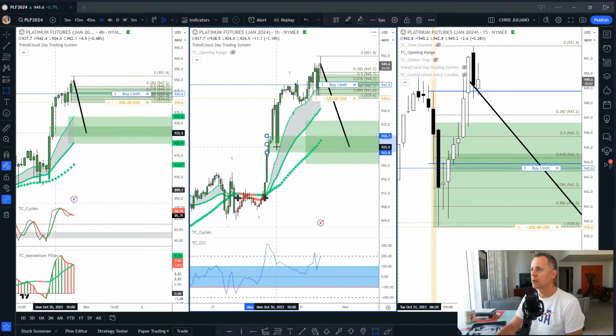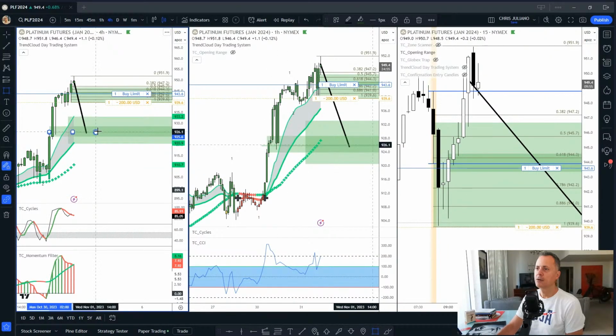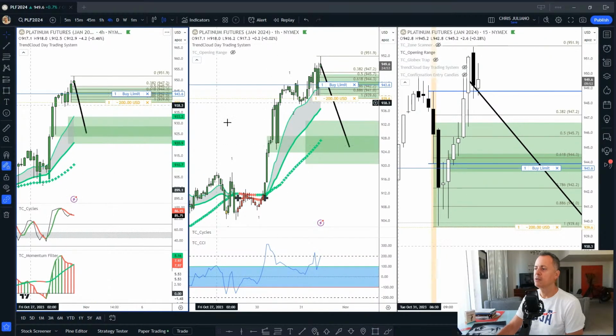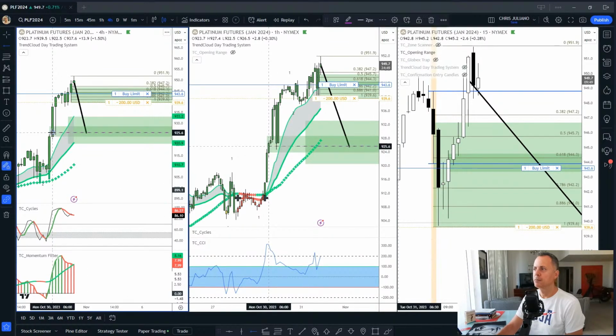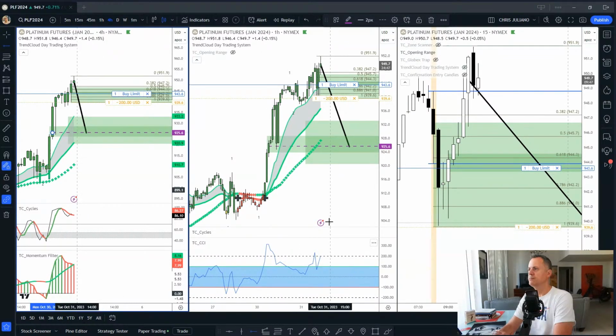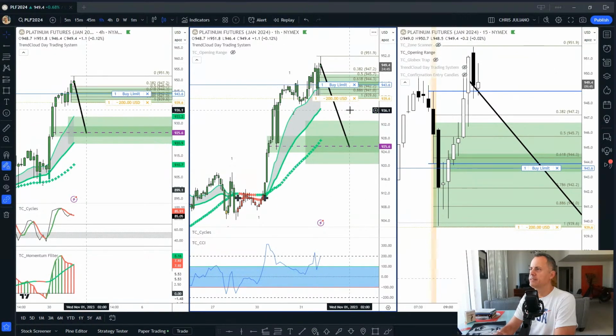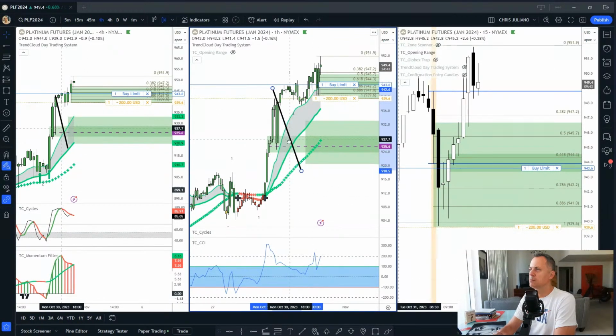Rally base rally. Pulled right back into that, right in the middle of the trend cloud. It did it right here. Right there. Boom.